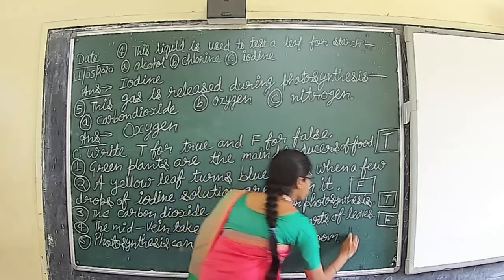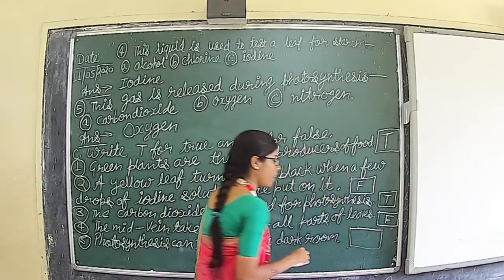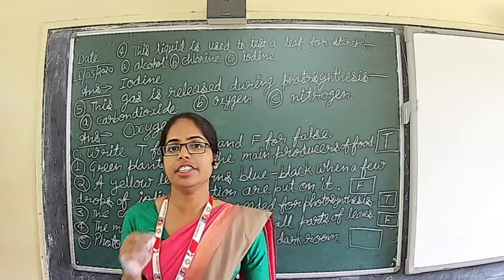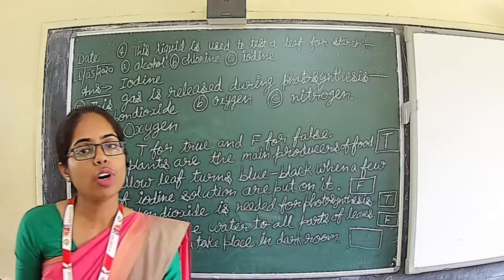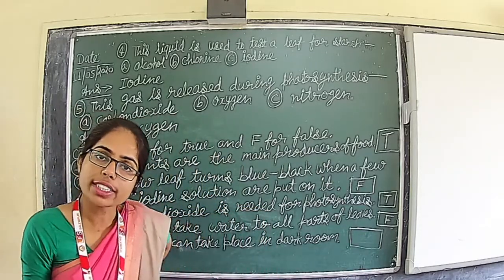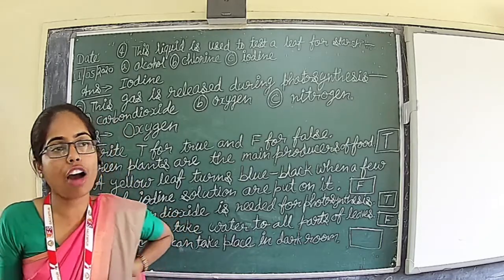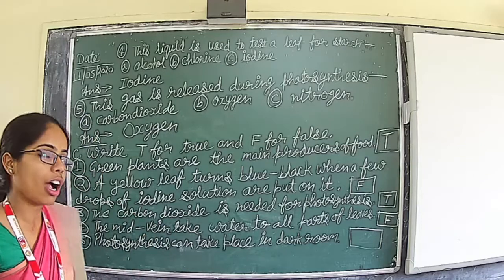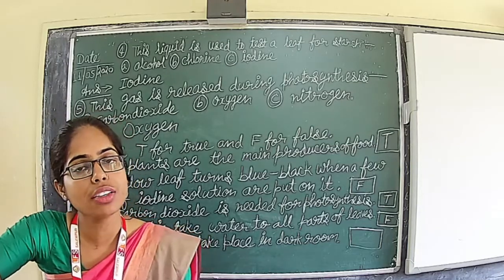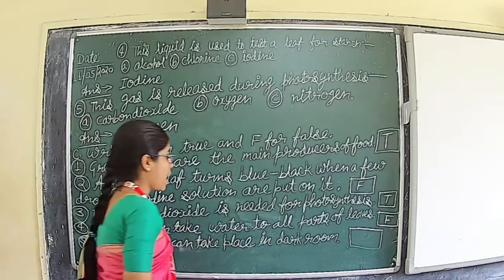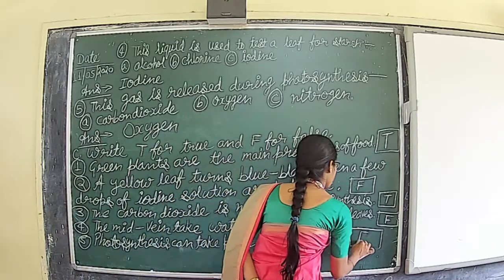What will be the answer for this? We know that in presence of sunlight, roots absorb water and nutrients from the soil. And if there will be no water, how will food be made, how will the process of photosynthesis occur? So this is again false, and the answer will be F again.